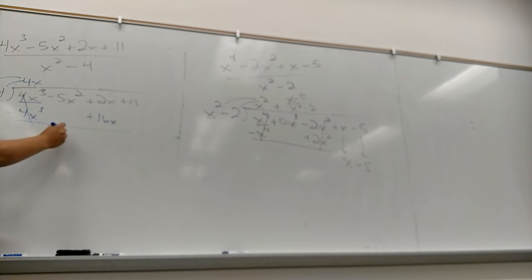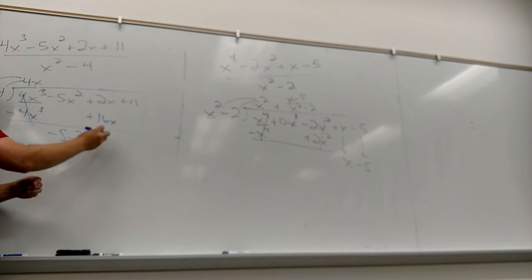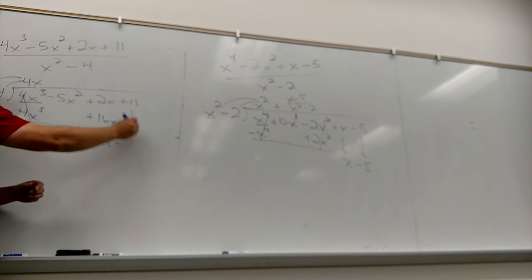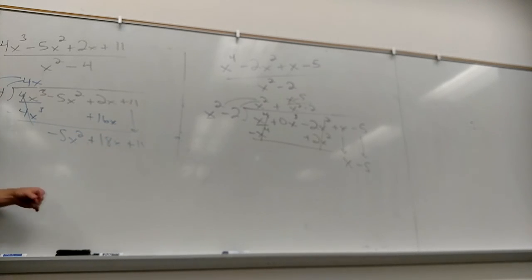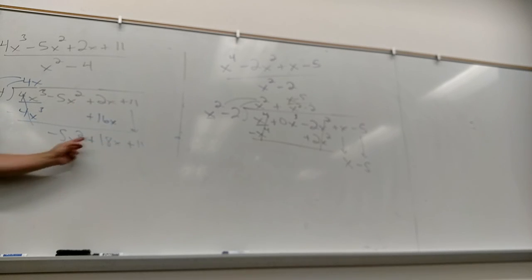That just comes down. 2x and 16x, 18x, and then you bring down the plus 11. I want to show you one where there's nothing here because that's missing a term too, right? So it's going to have gap teeth right here, right? Gap between those teeth. So that comes down, this combines, you can bring that down. Now x squared goes into negative 5x squared.